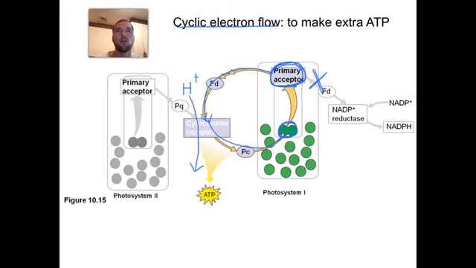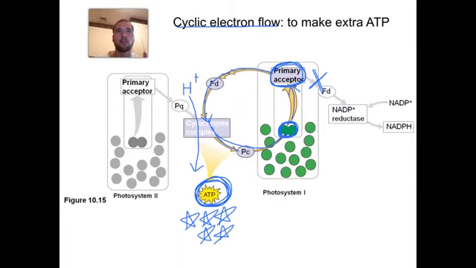So you can have a little bit of a cycle going on here, where the electron from the chlorophyll A in photosystem 1 is going to go back into the electron transport chain that feeds the chlorophyll A in photosystem 1. But what this does is it makes ATP without making the NADPH, and this solves that problem that we would see later on in the Calvin cycle, where there's more ATP needed, I should say, than NADPH.